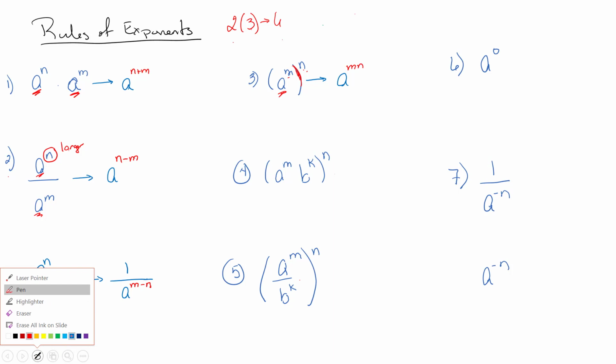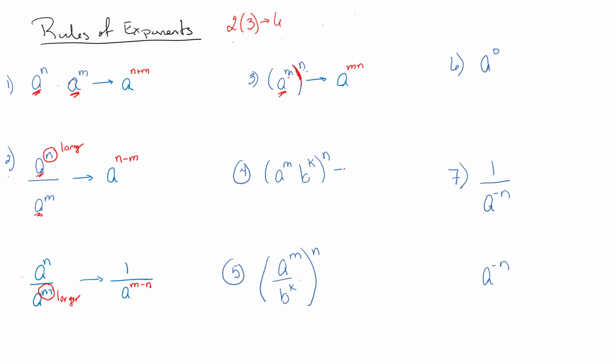And this helps with rule number 4, because in rule number 4, I still have my bases, A and B, but now notice this exponent on the outside now has two exponents on the inside to work with.